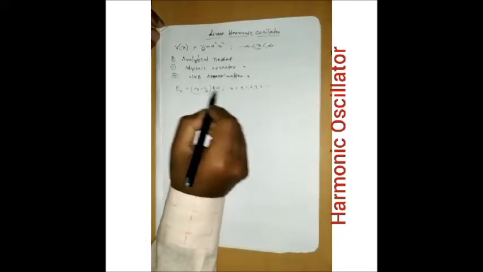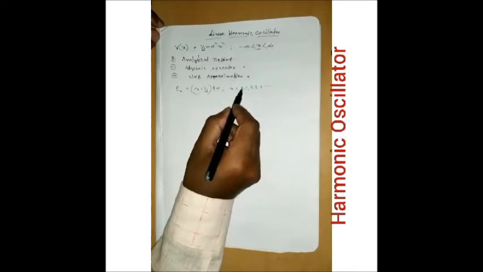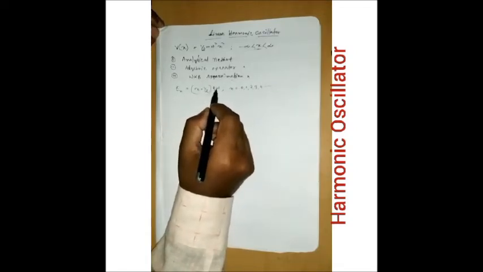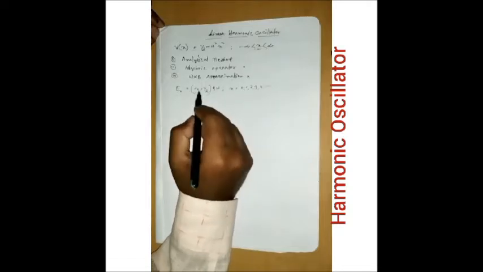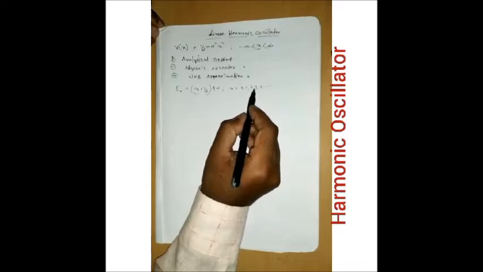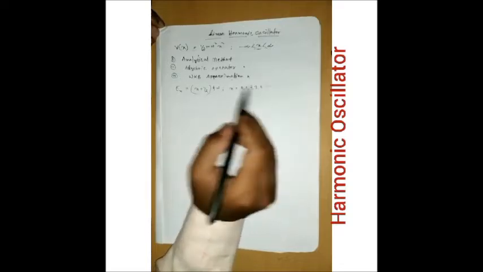Putting n equal to 0, we get the ground state energy, which is also called the zero point energy. If I take n equal to 1, it is the first excited state, n equal to 2 the second excited state, n equal to 3 the third excited state, and so on.